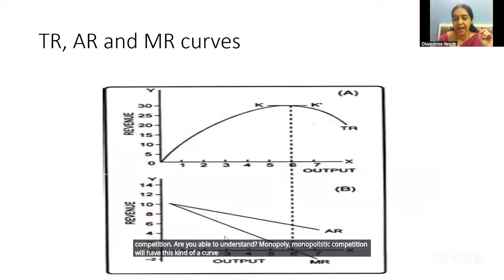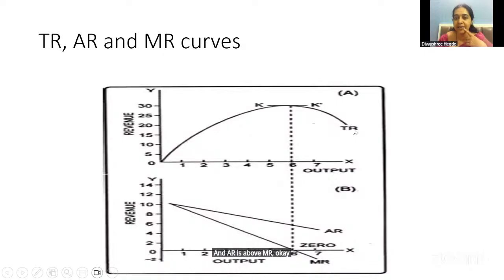You can see AR and MR curves downward sloping, and AR is above MR. The TR curve initially increases. When MR becomes 0, TR is highest, and once MR is negative, TR goes down. So you can see an inverted U-shaped curve for TR.